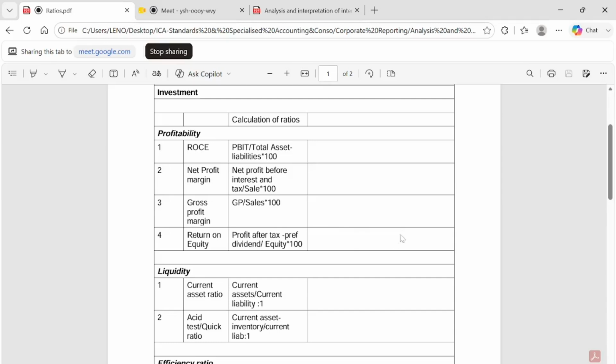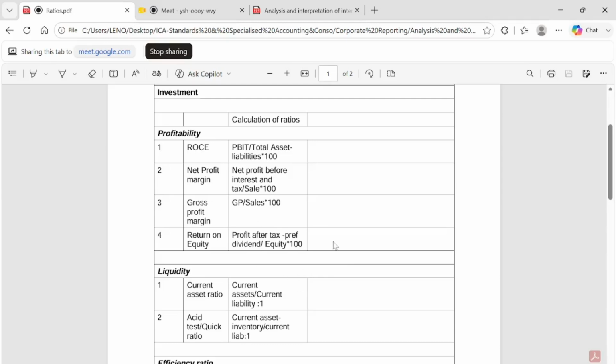Now, if you have preference shareholders, you have to pay them off so that we can know how much is left for only the ordinary shareholders, right? So you deduct the preference shareholders' money from the profit. You understand? What is left is for the equity or ordinary shareholders.